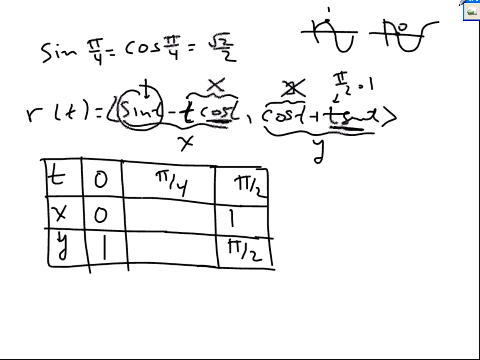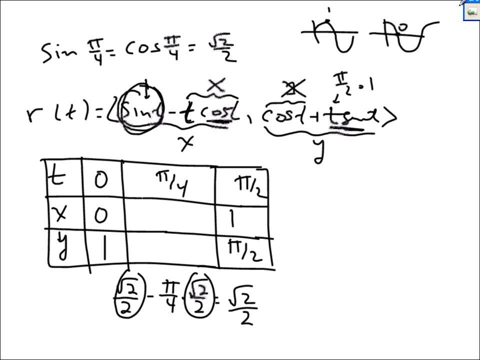Okay. Now let's take on the middle one, pi over 4. X: you have the sine of pi over 4, which is square root of 2 over 2, minus t, which is pi over 4, times the cosine of t, which is square root of 2 over 2. I am going to factor out the square root of 2 over 2.